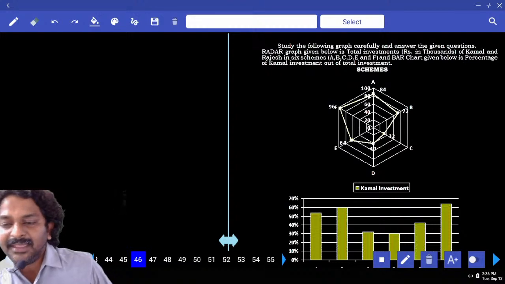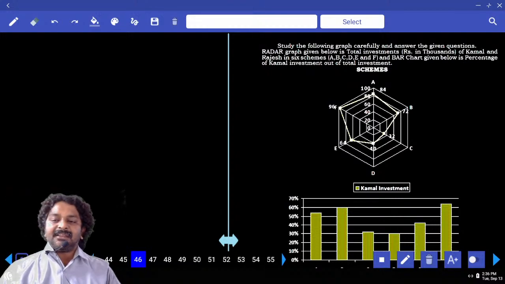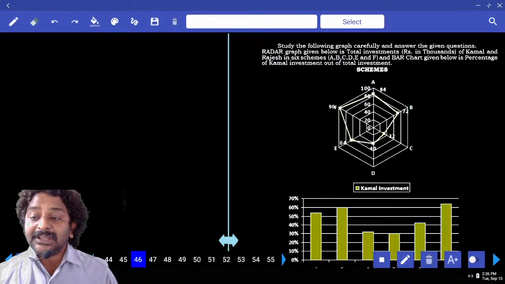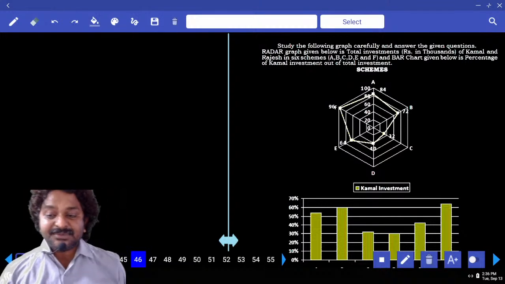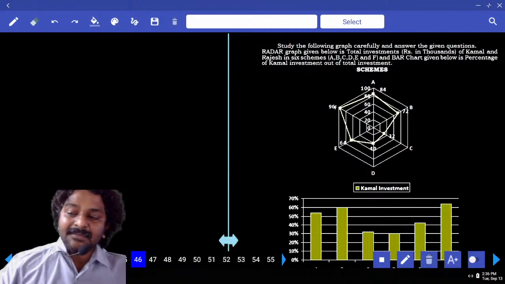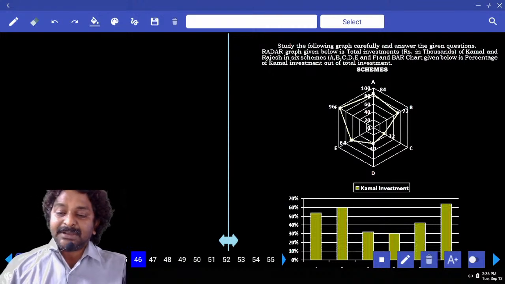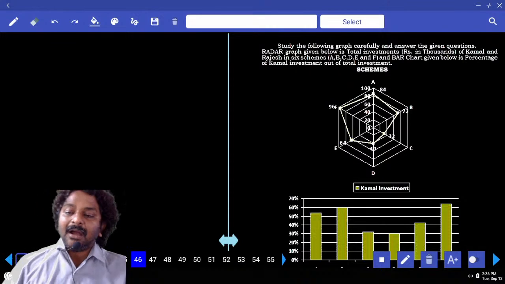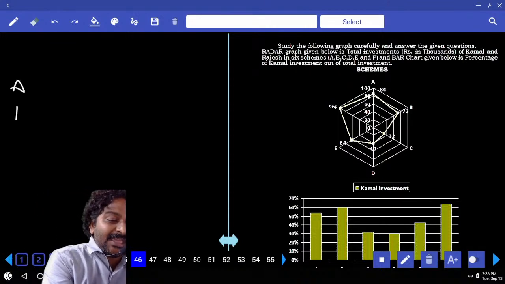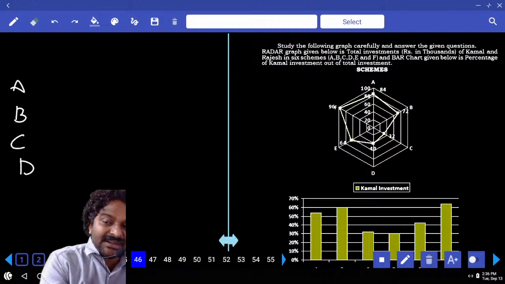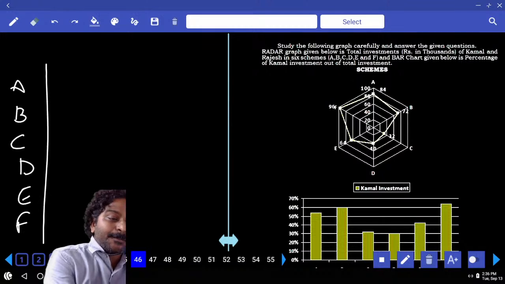Study the following graph carefully and answer the questions. The radar graph given below is the total investment of Kamal and Rajesh in 6 schemes A, B, C, D, E, F, and the bar chart given below is the percentage of Kamal's investment out of total investment. First of all, we have schemes A, B, D, E, F. How many schemes are there?